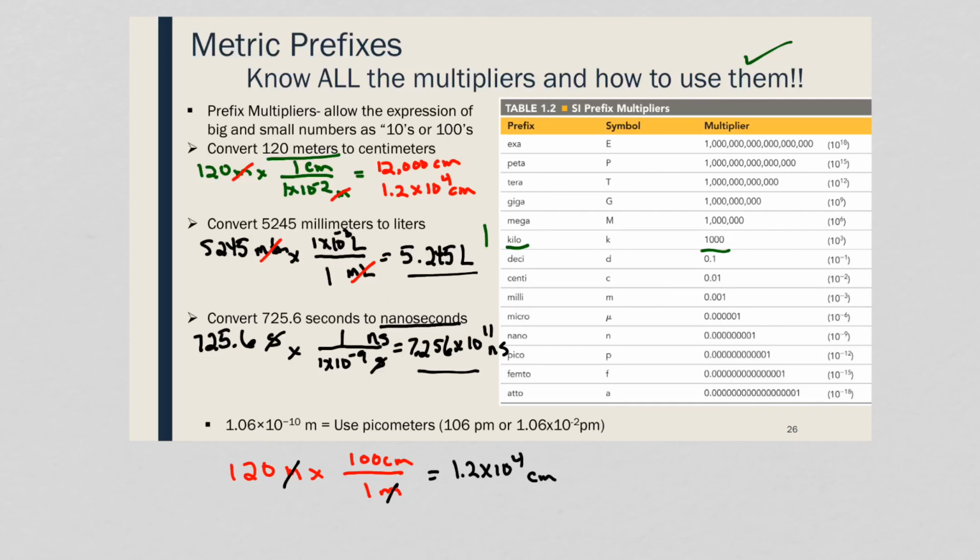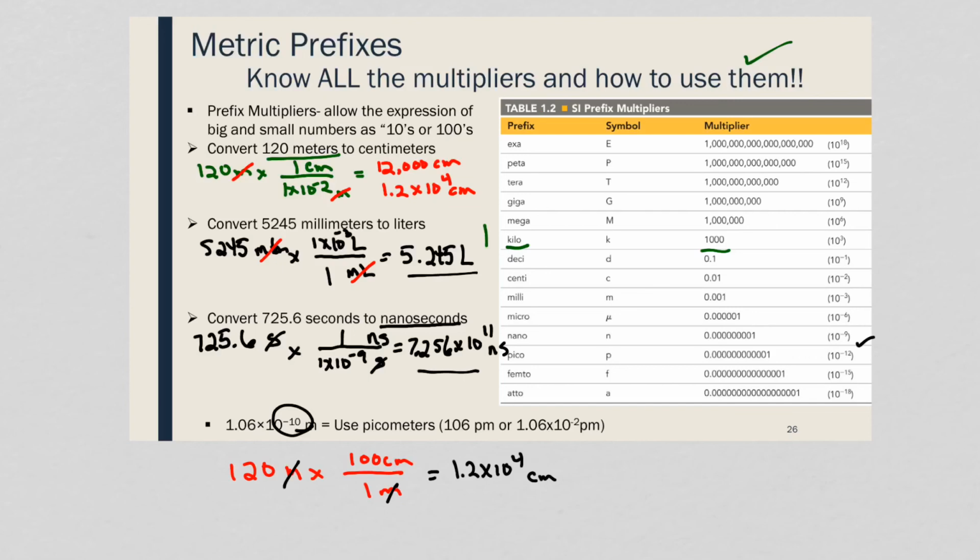Well, the basic idea is we want to use a prefix that is either equal or smaller than my exponent value here. So if I'm on 10 to the minus 10th, I'm right over here. So I could use nano, but it's going to give me less than 1 nanometer. So I usually want to use equal or smaller.